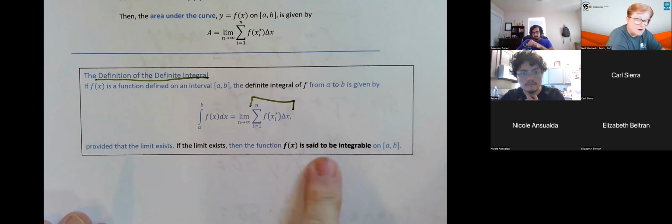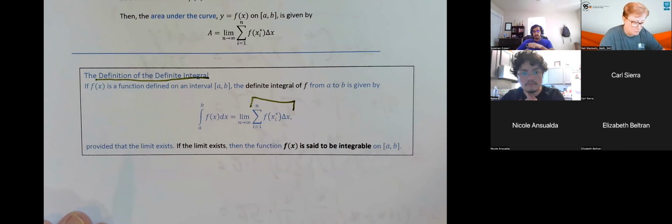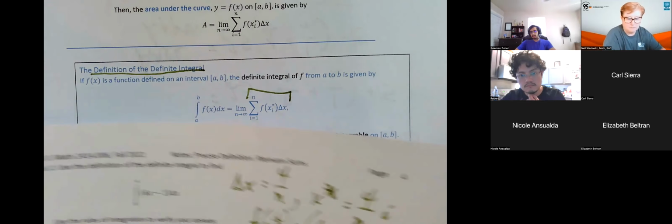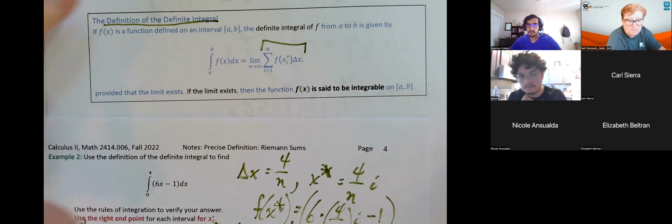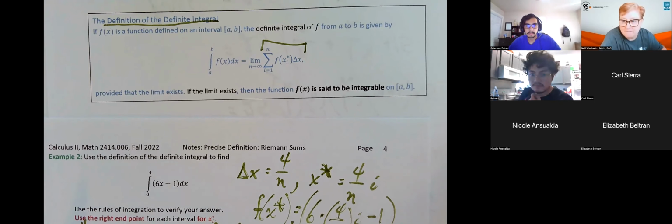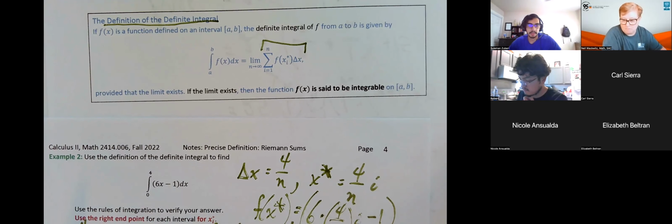Now, was our function integrable, the one that we just looked at? Yes. How do we know? The limit exists. That's right. The limit doesn't go to infinity.